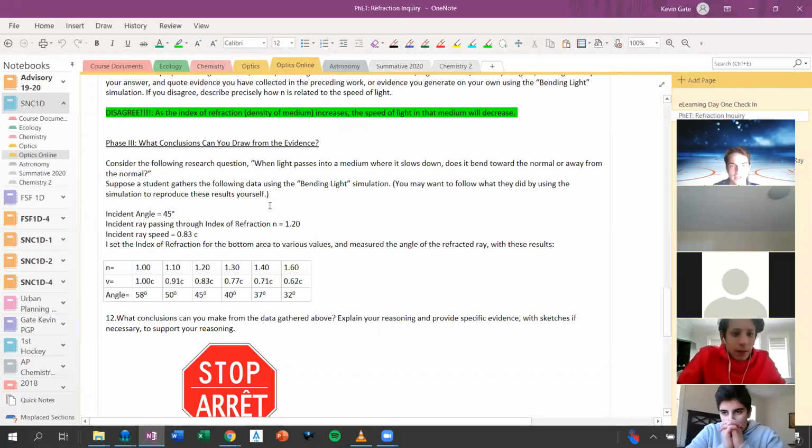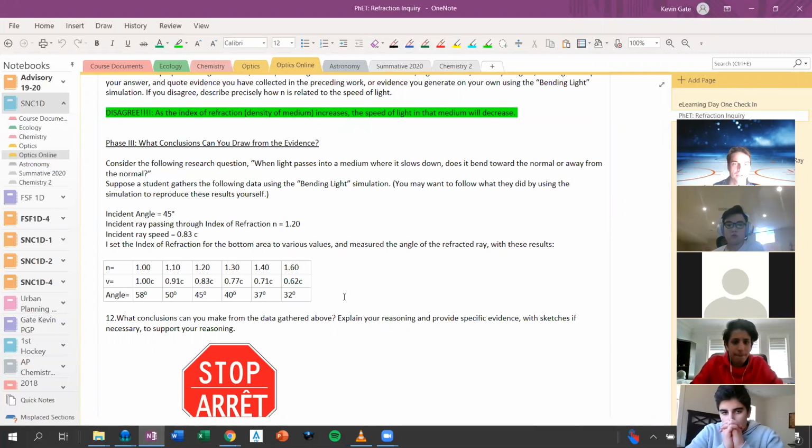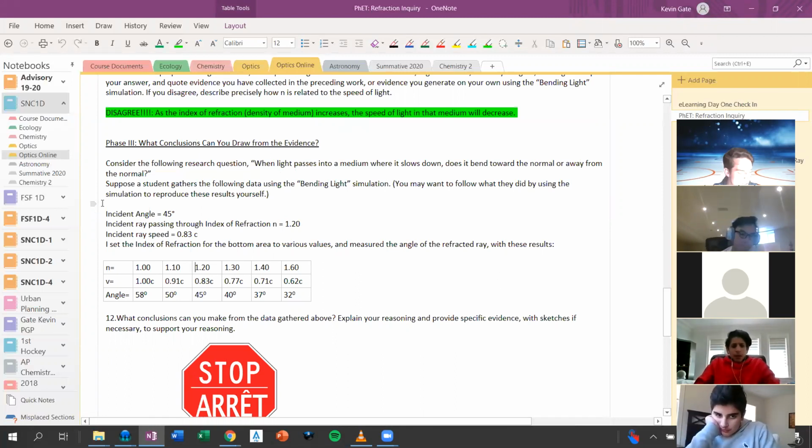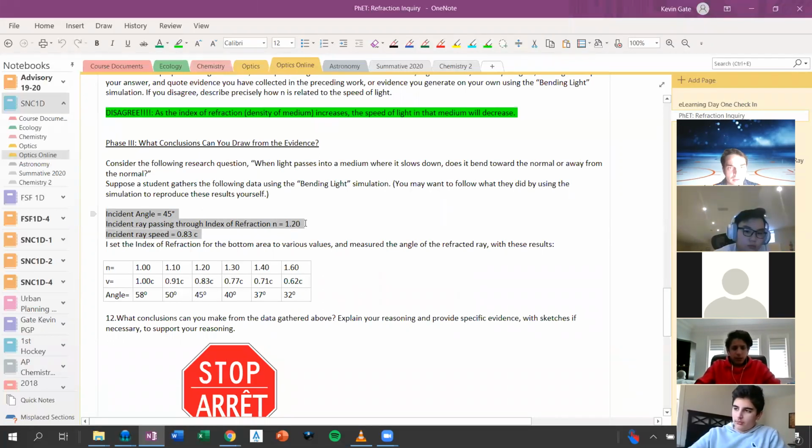It's entering a more dense medium. So that means its index of refraction will be higher, right? Yeah. So if it stays the same, if it goes from 1.2, because it says we were supposed to start out with an incident angle of 45 degrees and an index of refraction of 1.2, making the speed of light 0.83, if it stays the same, all of those others stay the same.